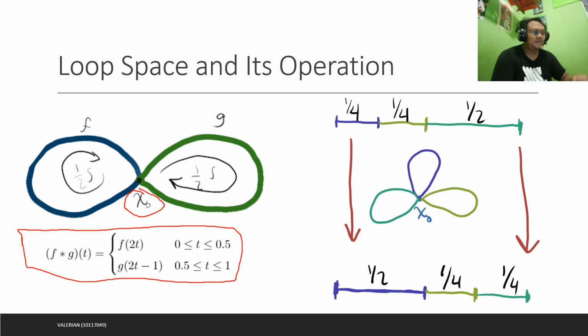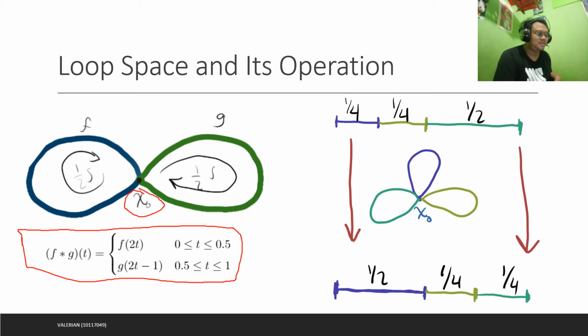Now, concatenating two loops means you are joining two loops together. If we want to preserve our 1 unit of time, then we need to go twice as fast on the first one and twice as fast on the second one. So on the first one you go half a second, and on the second one you go half a second. So in total you still spend 1 second, or 1 unit of time, if you will.